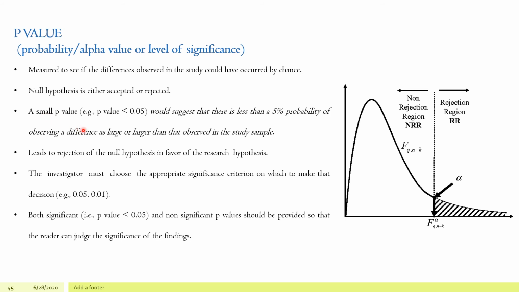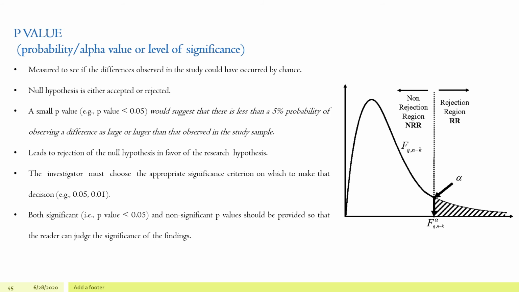A small p-value, that is alpha value, suggests that there is less than 5% probability of observing a difference as large as that observed in the study sample. This leads to rejection of the null hypothesis in favor of the research hypothesis. Research hypothesis means alternate hypothesis.